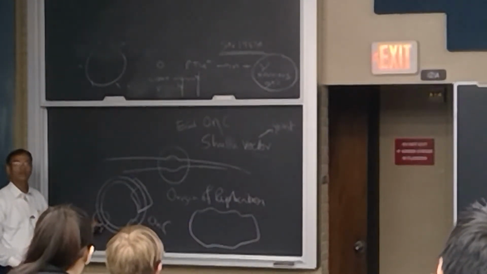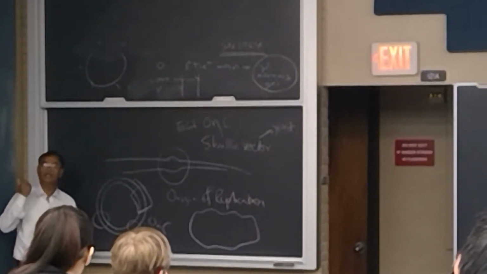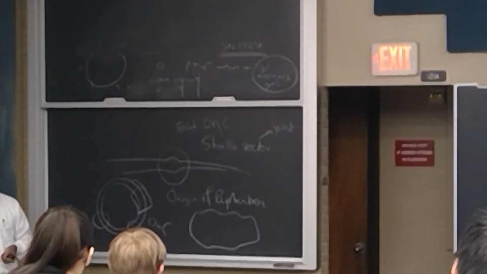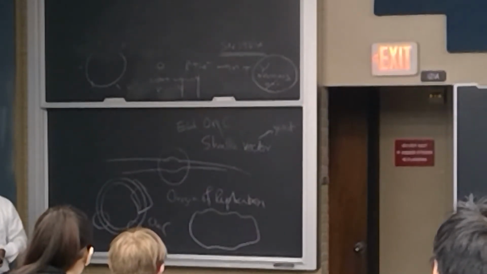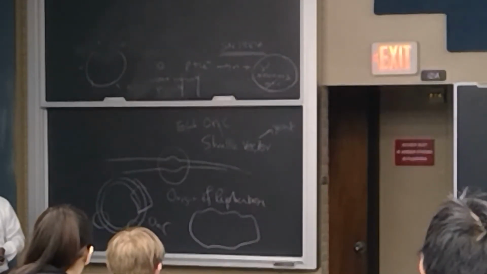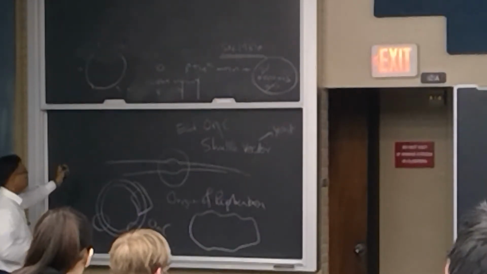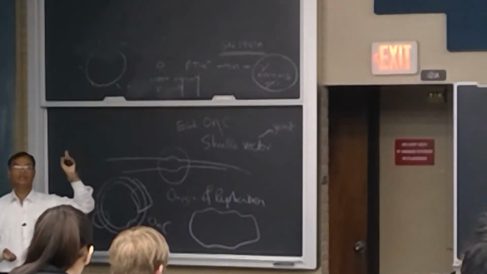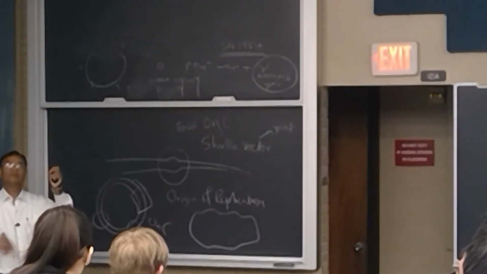Does it make sense? What you need? You need a human specific origin of replication to be present in that recombinant. Does it make sense? So that's why we say that this protein was cloned in a human specific vector.